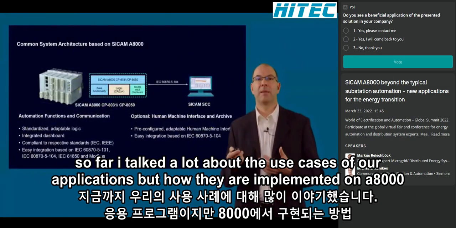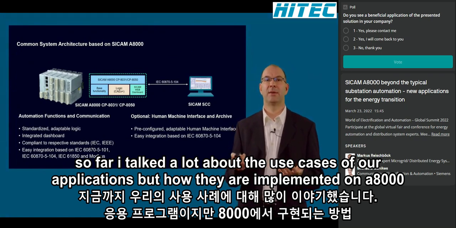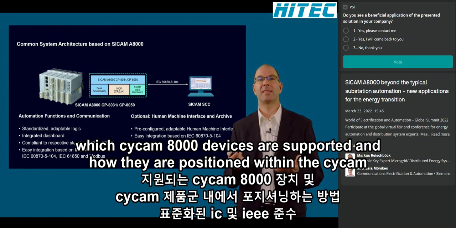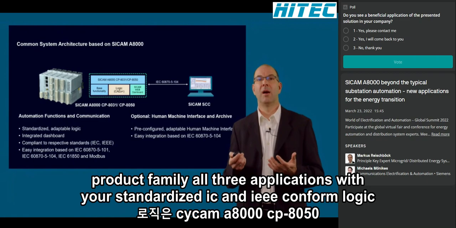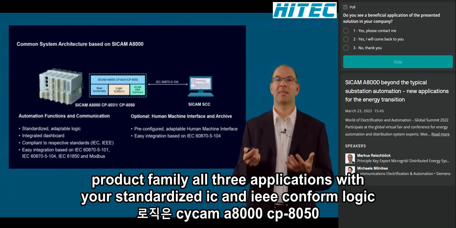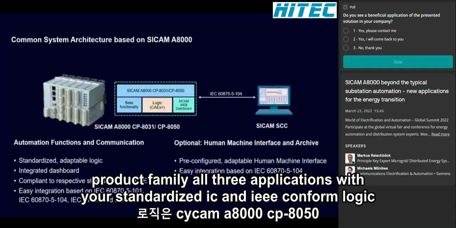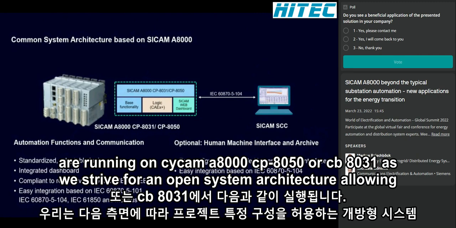So far, I talked a lot about the use cases of our applications, but how they are implemented on A8000, which SICAM A8000 devices are supported, and how they are positioned within the SICAM product family. All 3 applications with their standardized IEC and IEEE conform logic are running on SICAM A8000 CP8050 or CB8031.